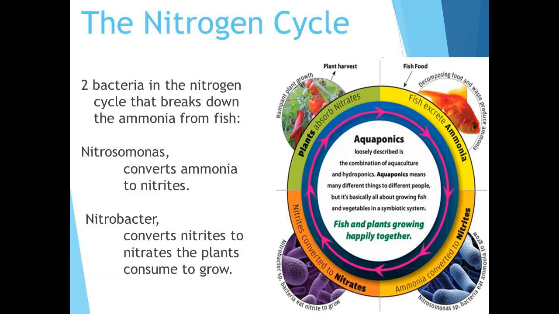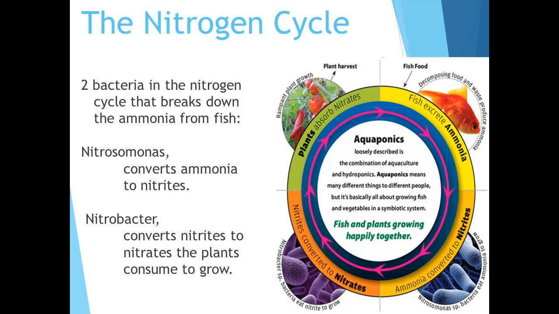The whole basic principle of aquaponics and growing plants is that there's a nitrogen cycle. So you have your fish. Your fish are eating, happily swimming around in your little tank. What are they doing when they're in there? They're eating, so they're giving off waste, but they're also breathing, and through their gills they're giving off ammonia.